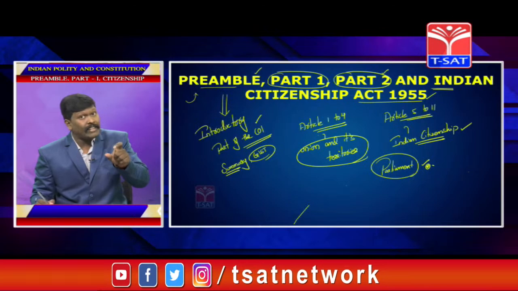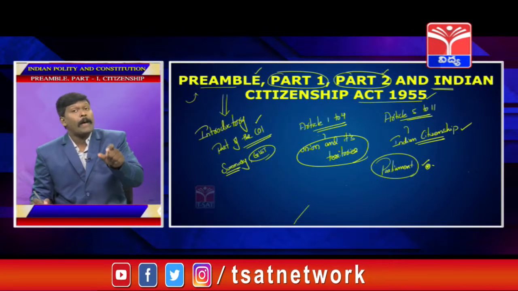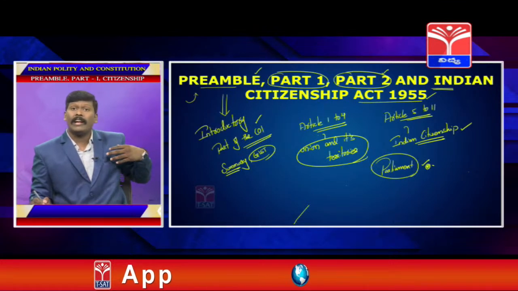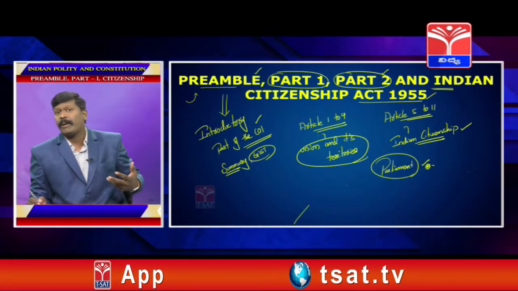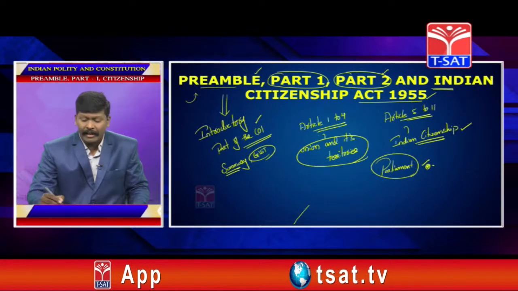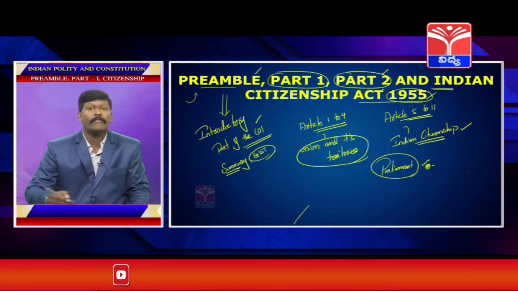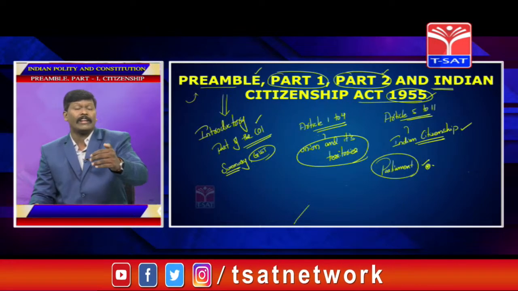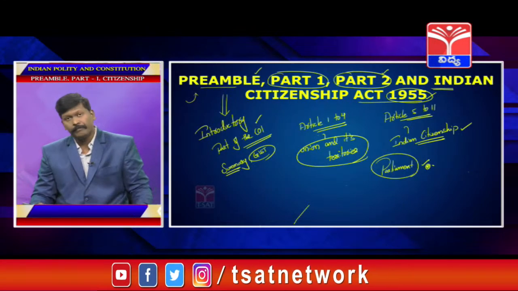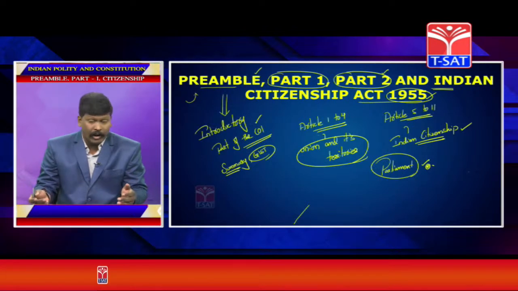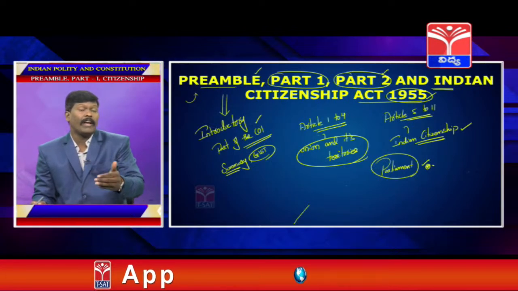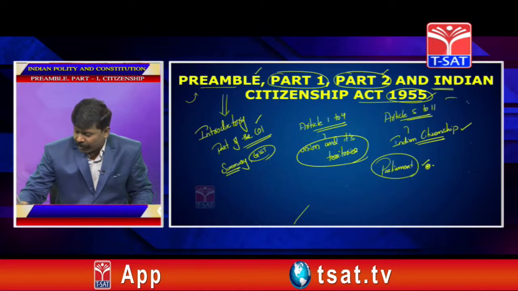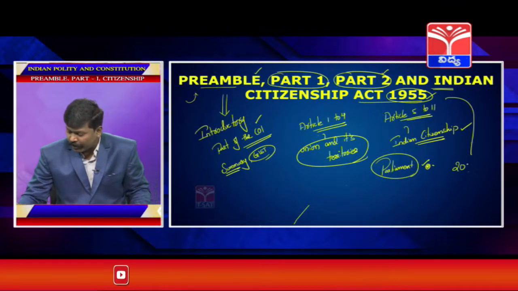So, utilizing the rights given to Parliament by Article 11, Parliament, to regulate Indian citizenship, came up with a law called the Indian Citizenship Act in 1955. To control Indian citizenship after 1950, Parliament came up with an act called the Indian Citizenship Act of 1955. This was recently amended in the year 2019.